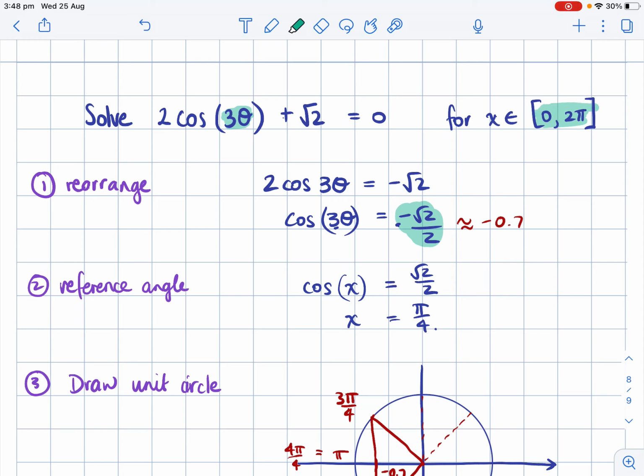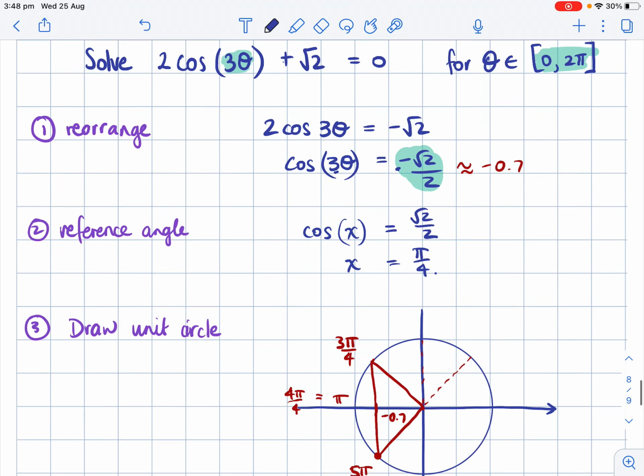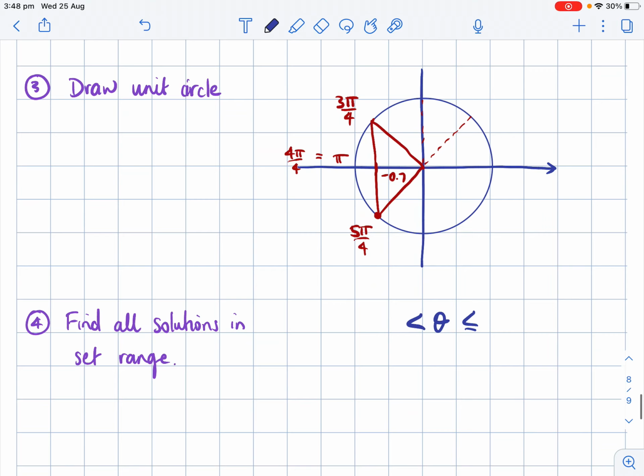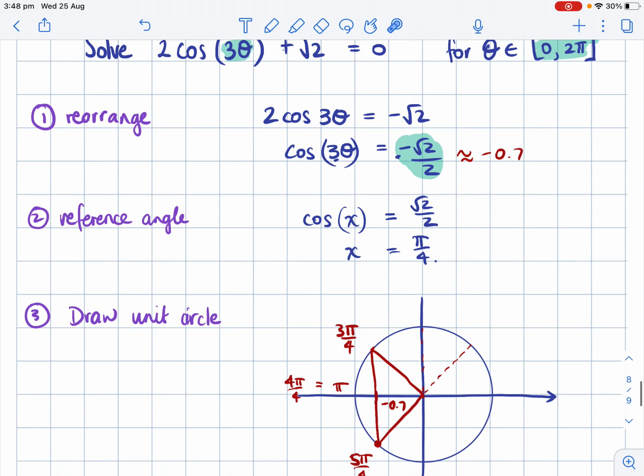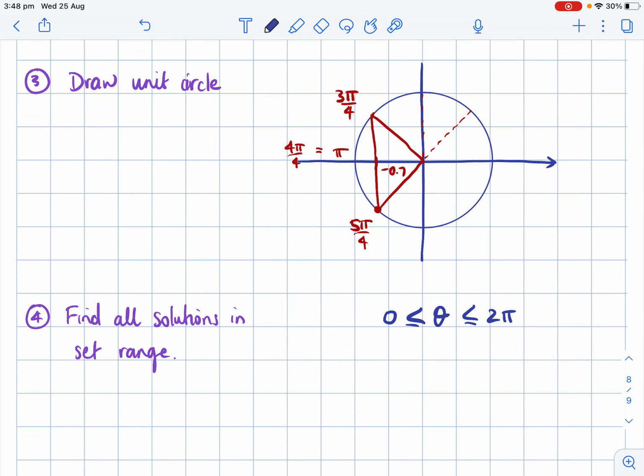I've written x here, but it should have been theta. Theta has to be between 0 and 2 pi. So if theta is greater than 0 and less than 2 pi, my angle is 3 theta, so 3 theta has to be greater than 0 and less than 6 pi. How did I get that? I just multiplied everything by 3.